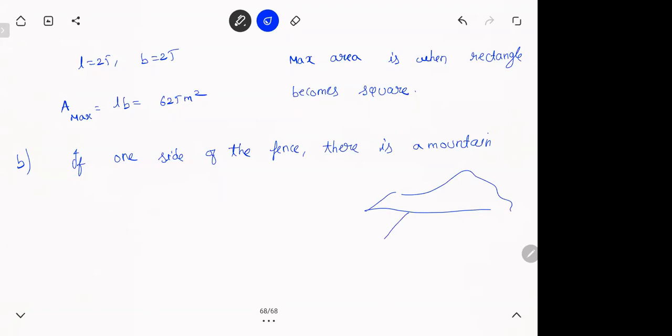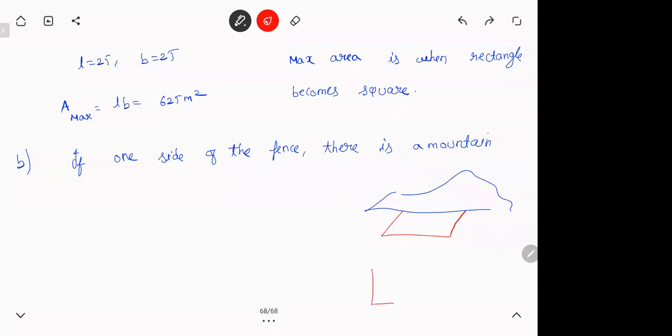You are building a fence like this. So you don't want to build a fence here, no? It's a waste of fence unnecessarily. Why build a fence there? It's a waste of money, no? So you just build the fence on 3 sides. But it is still a rectangle. Does it make sense?